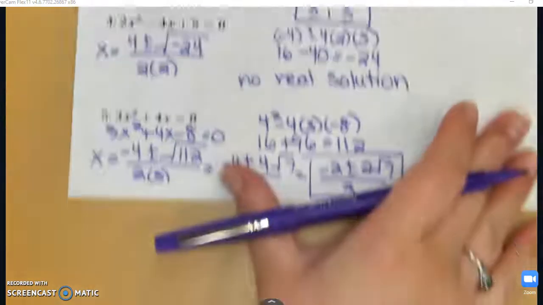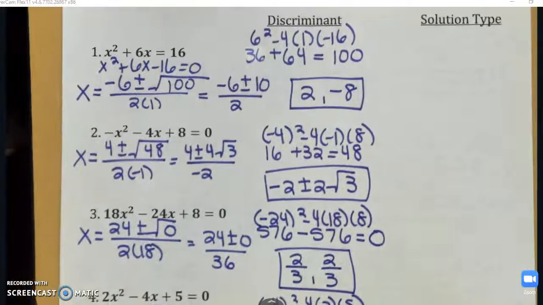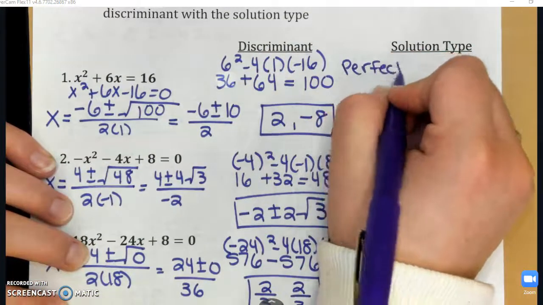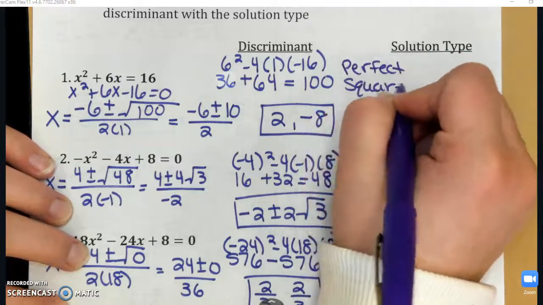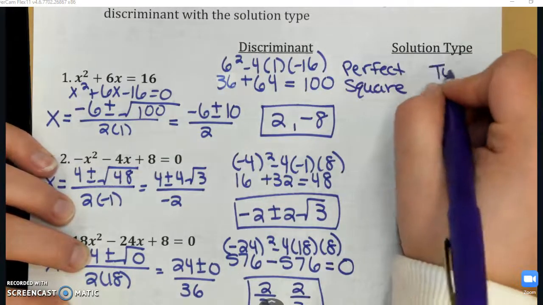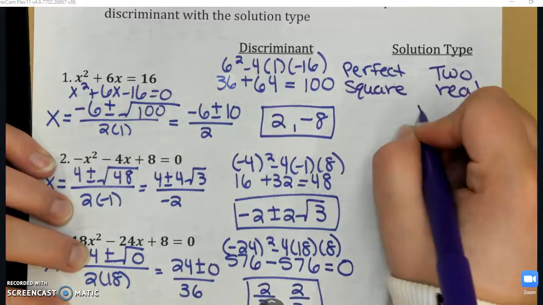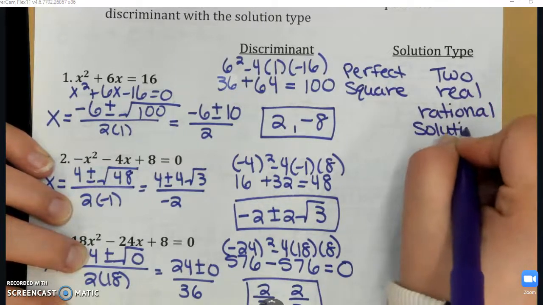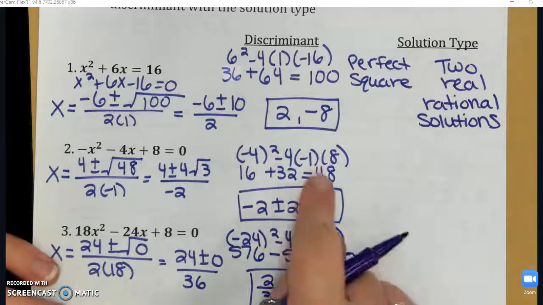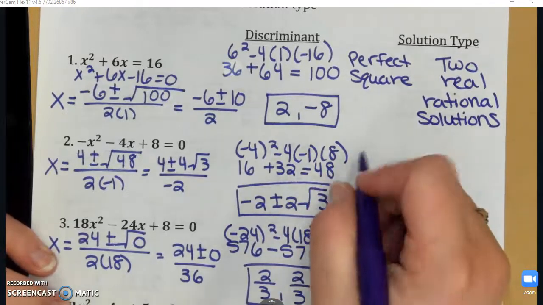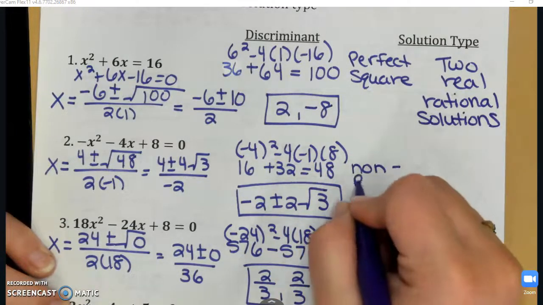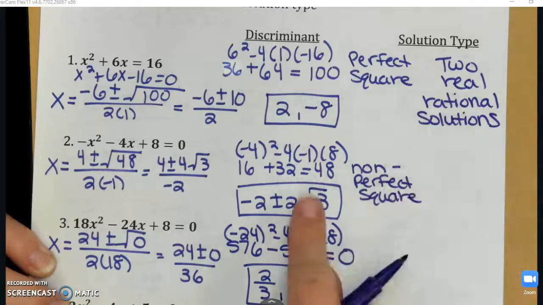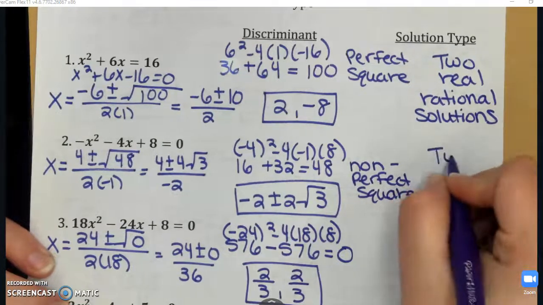So let's circle back and look at our discriminant and the solution we got. On number 1, our discriminant was a perfect square, and our solution was 2 real rational numbers. So we got 2 real rational solutions when our discriminant was a perfect square. On number 2, our discriminant was a non-perfect square, and we got 2 real irrational solutions.